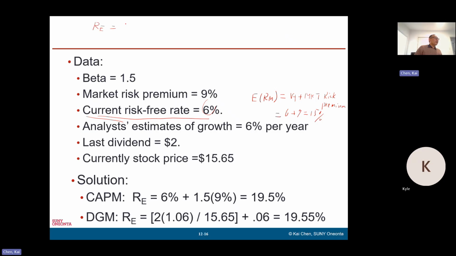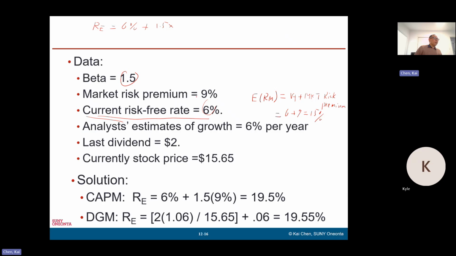That should be the risk-free rate, 6%, plus beta, 1.5, times the market risk premium.